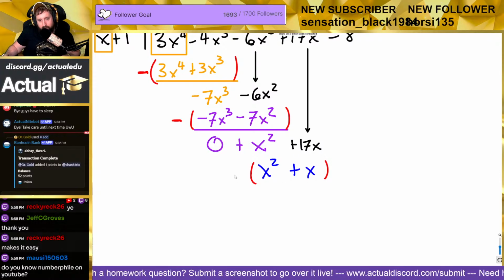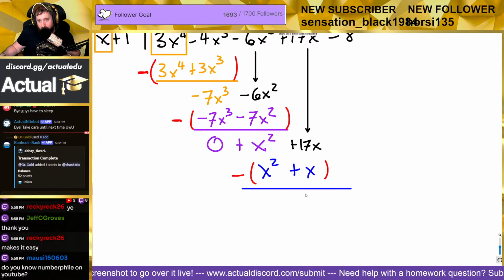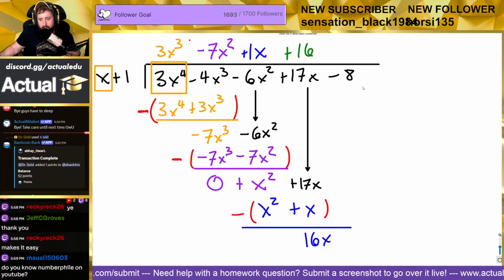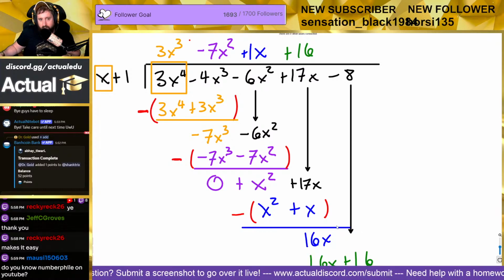Okay, so then this gets subtracted, right? And that's going to give us 16x. And then the last part is just plus 16. So that's going to be 16x plus 16. And then you had this part coming down, minus 8.